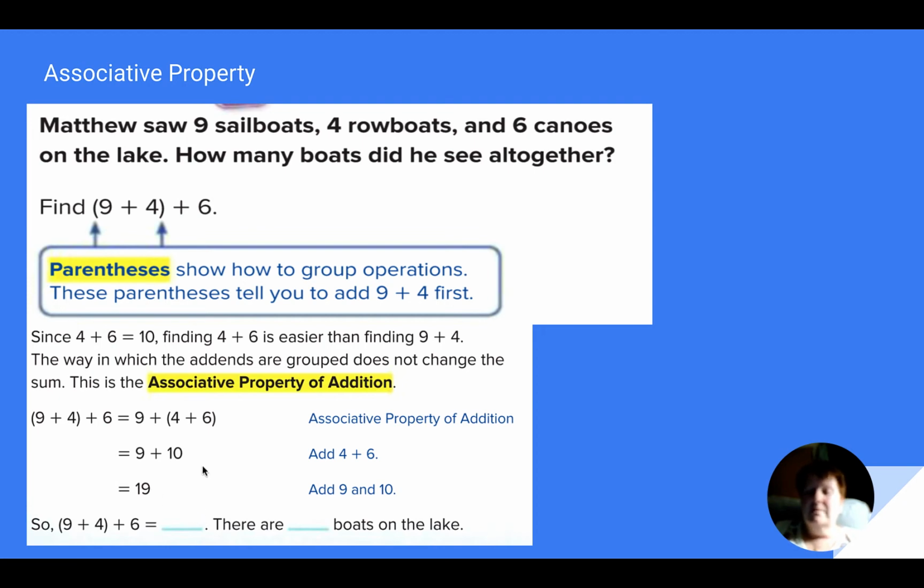So, but the associative property, the only thing that's changing is the placement of the parentheses. Your answer doesn't change. How you add them might change a little bit, but the digits stay the same. The parentheses are the only thing that moves in that problem. And you're still going to get the same answer. Still going to get 19.